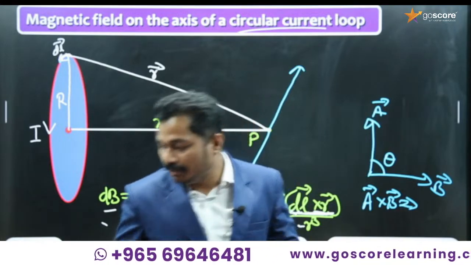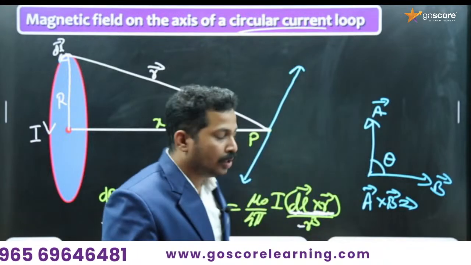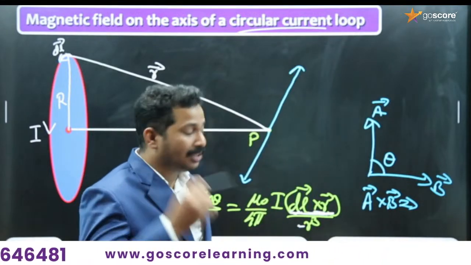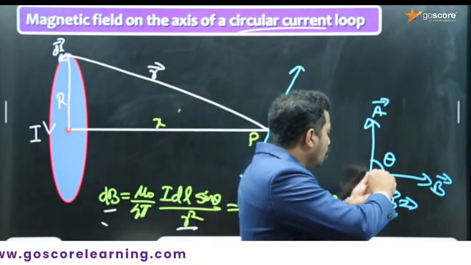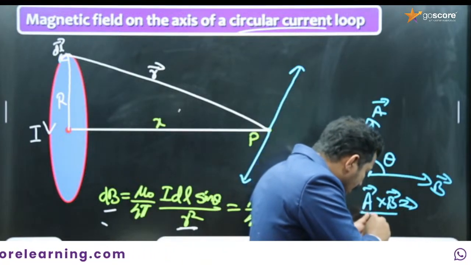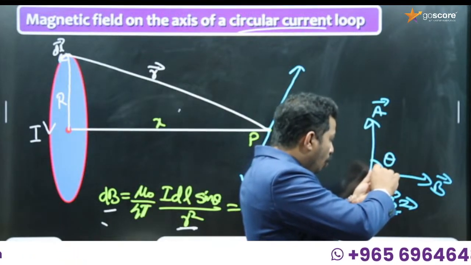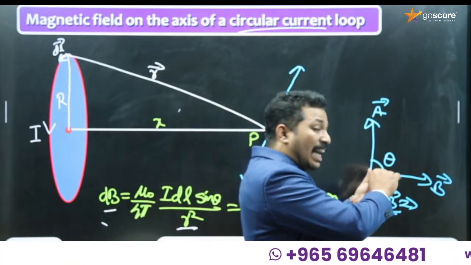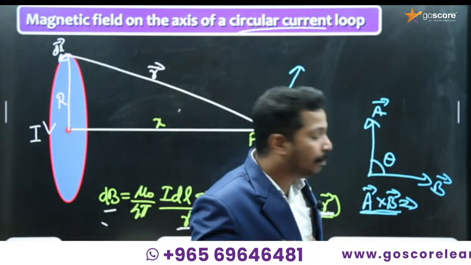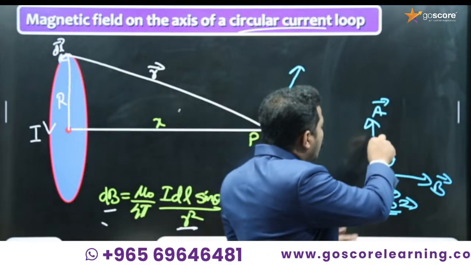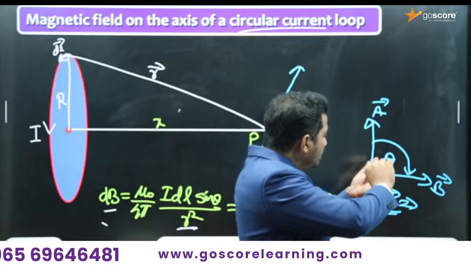Take a right hand screw, and since it is a cross b, turn the screw from a to b. While you turn, the direction of advancement of the screw gives you the direction of the vector product a cross b. So from a to b, I can turn the screw in this direction, right?